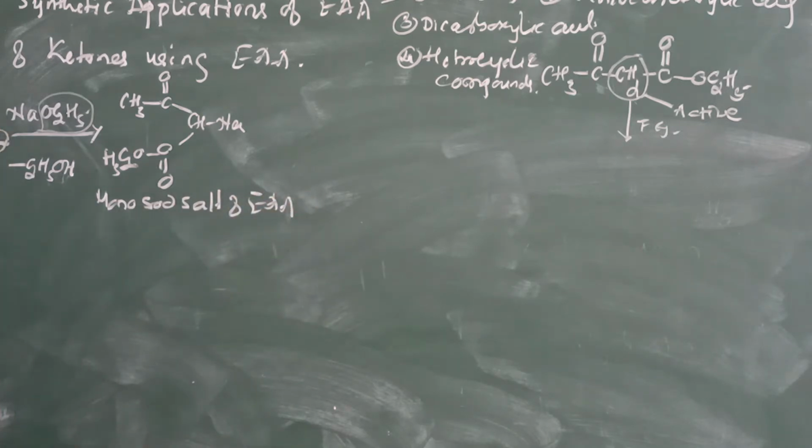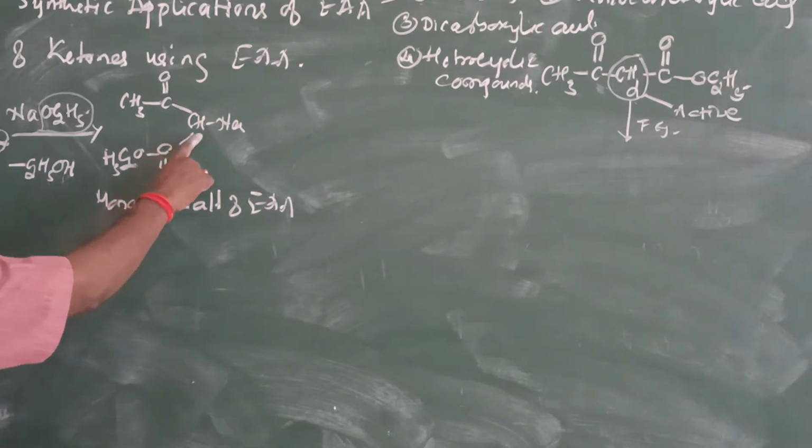Now you can see the hydrogen which is present in between the two carbonyl groups is weakly acidic in nature, and that can be replaced by a simple reagent called sodium ethoxide. So you will get the sodium attached here by replacing one of the hydrogens of this CH2 group.